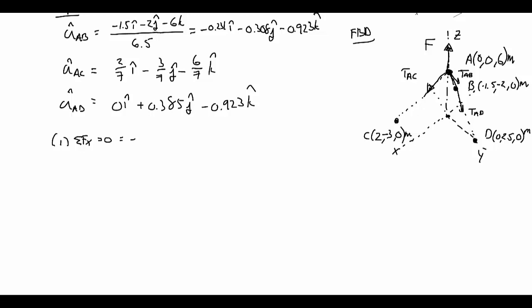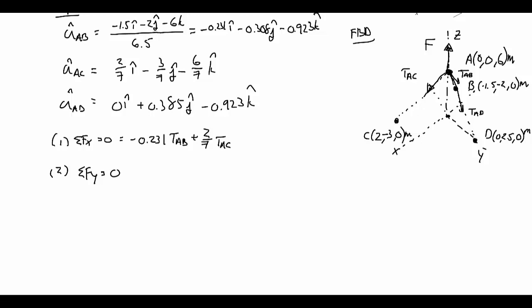So from AB, I have 0.231 TAB, that's the I component, plus 2/7 TAC, and then AD is 0 in the I, so this is everything I need for my X equation. So just the TAB and the TAC appears in the X direction. So nothing I can do yet.